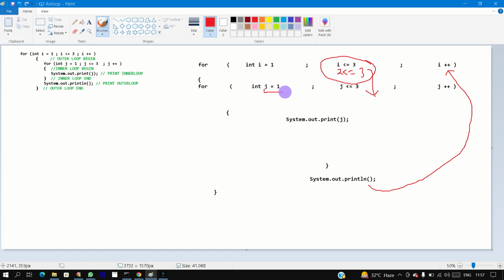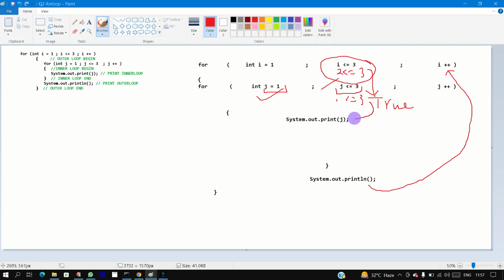Again the whole process will be running. j is equal to 1. Okay, now j is equal to 1, checking for the condition. This was initialization and this is the condition. 1 is less than or equal to 3, true.